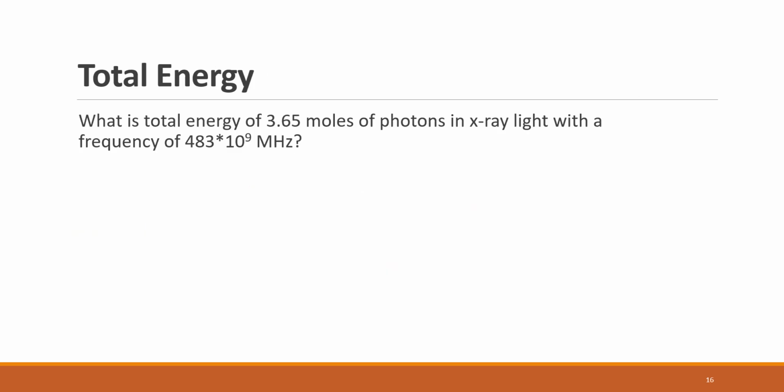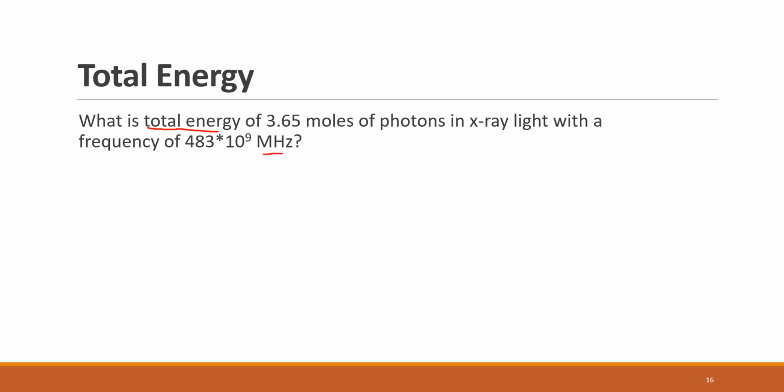All right, so let's try a problem using those 3 steps. So what is the total energy? So the fact that they're asking total energy means that we're going to do that 3-step calculation. Notice they gave us the amount of moles used in the very last step, 3.65 moles of photons, and then they gave us a frequency in megahertz.